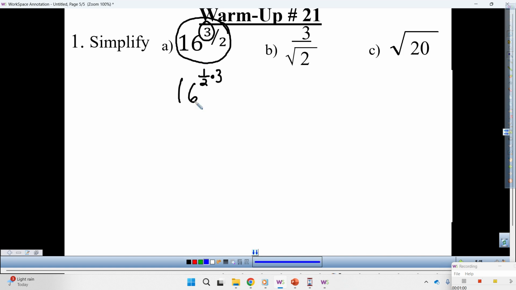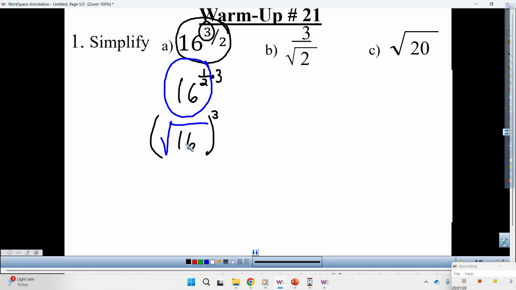Why do we do that, Mr. Q? Because we know that 1/2 exponent is the same as square root. Is it coming back for some of you? Yes, Mr. Q. So I bring down the 16, put that in parentheses, and what exponent do I have left? How are we doing?